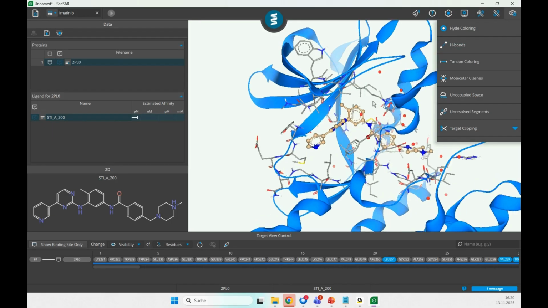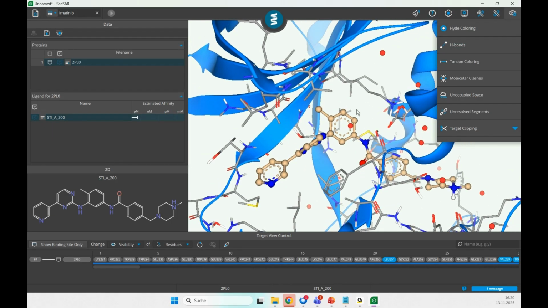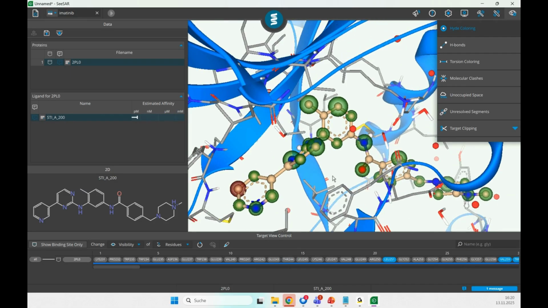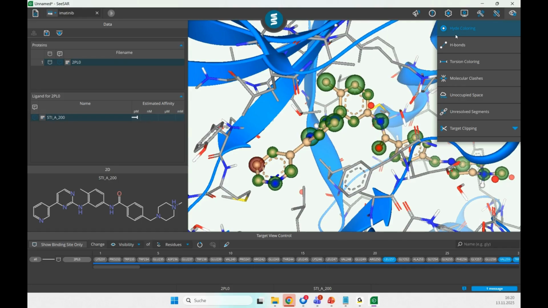So let me quickly go through each particular functionality because this is also a very important science aspect of SeeSAR. For the HYDE coloring, HYDE coloring works like this. This is our scoring algorithm that we use for assessing the estimated affinity of the compound, and it's based on hydration and desolvation.